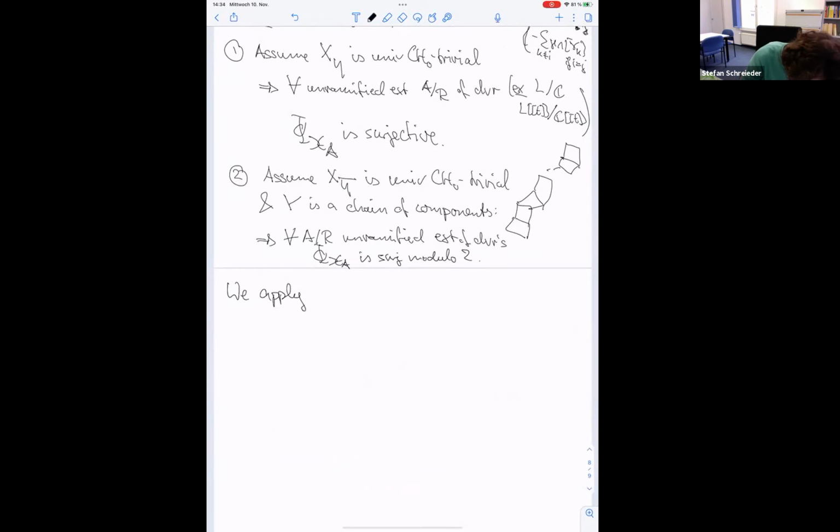So we apply part 2 of the theorem to a degeneration similar to Nikkei's to get the following theorem.